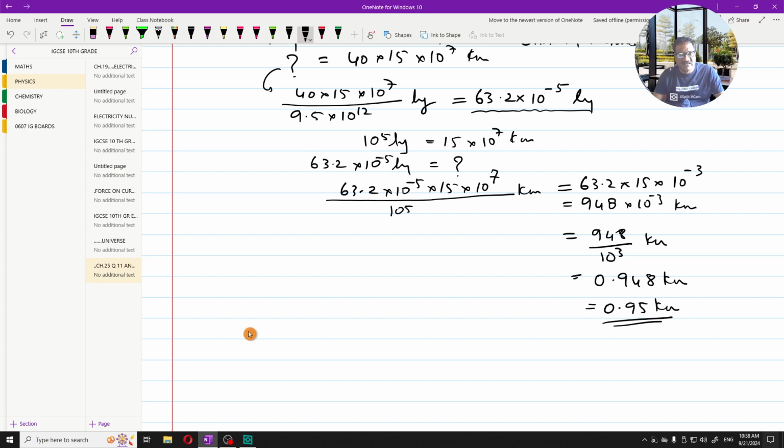So your answer for B is that the distance between the Earth and Pluto will be 0.95 kilometer according to this scale that is given. So that was B part of the question.